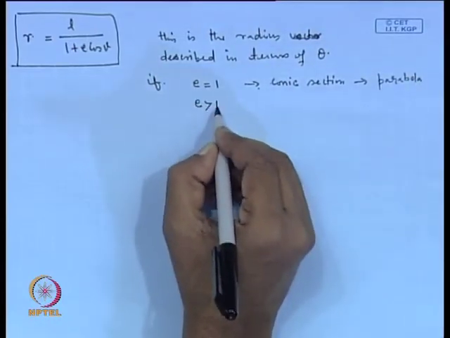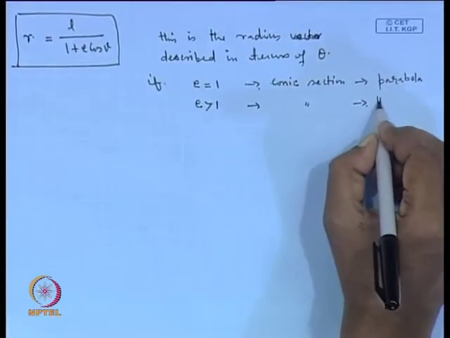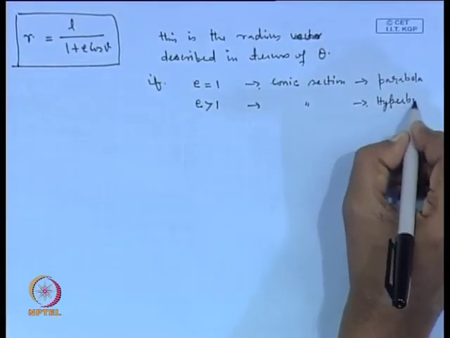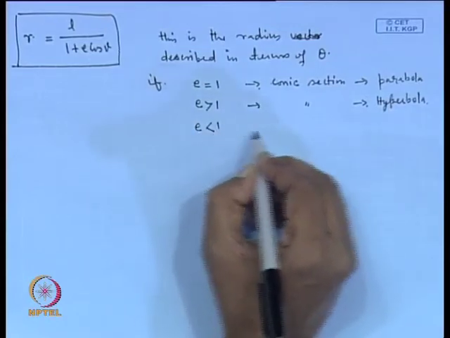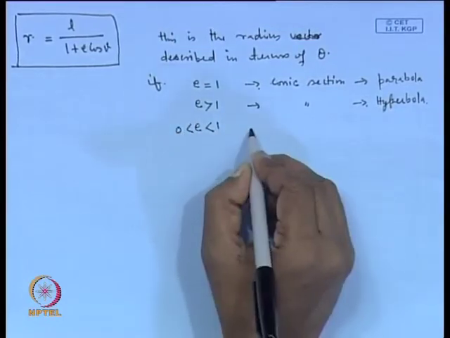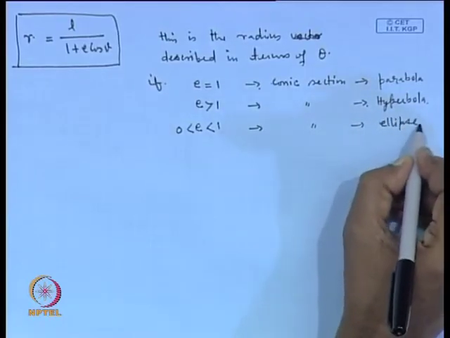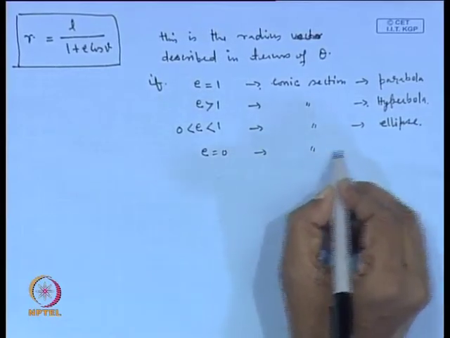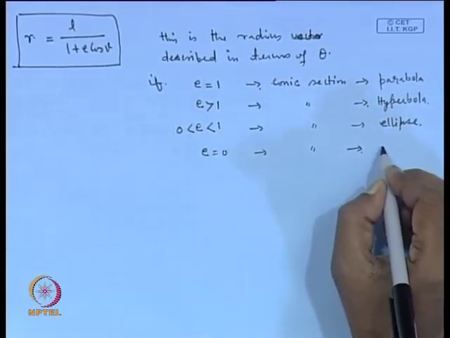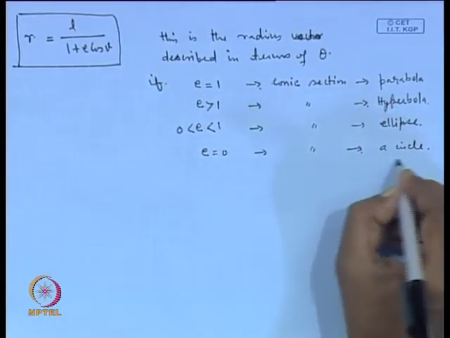If E is greater than 1, then the conic section is a hyperbola. If E is less than 1 but greater than 0, then this conic section is an ellipse. If E is equal to 0, this conic section gets reduced to a circle.